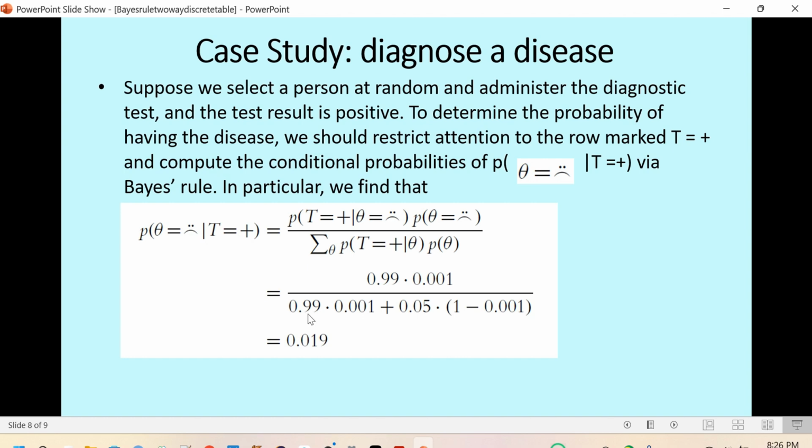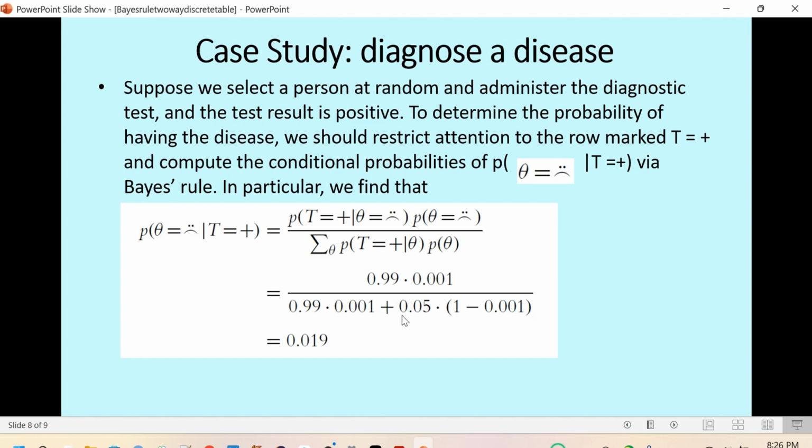But why do we get such a bad result? Because if we look at this formula, there is only 0.1% of the people in the prior, which means 99.9% of the people have no disease. So this is a very rare disease.